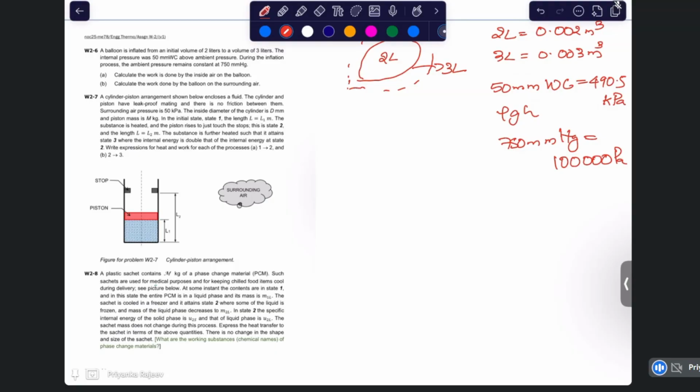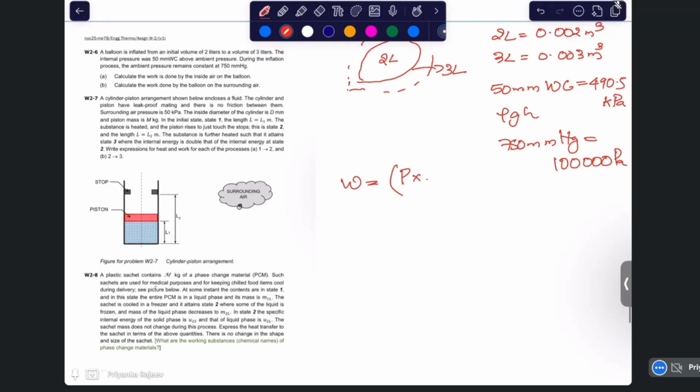Work done by inside air on balloon will be W equal to, so we have to find force. Force is pressure times area. Instead of force times displacement, you can take it as PdV.